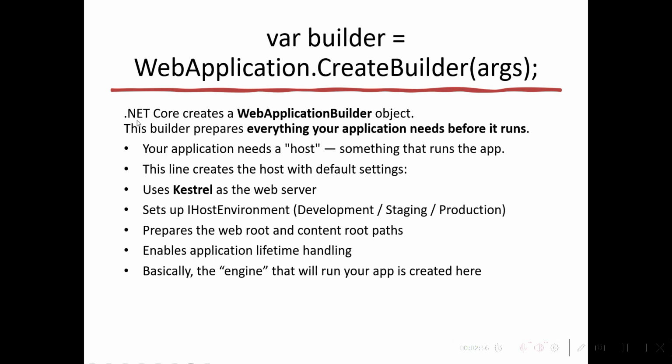So .NET Core creates a web application builder object. There is a class in .NET, WebApplicationBuilder, and it returns a builder. Then the builder prepares everything your application needs. Your application needs a host.